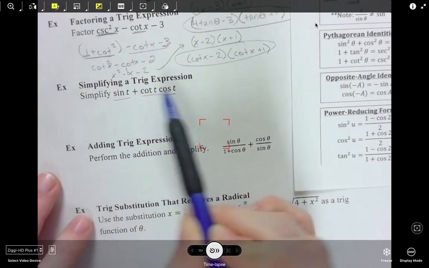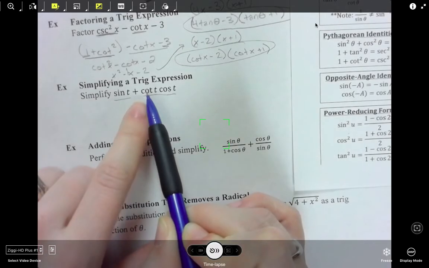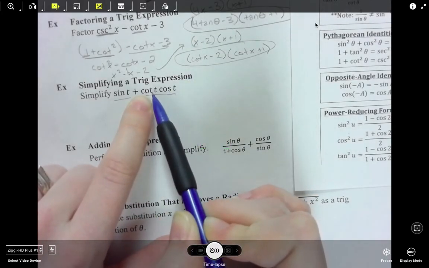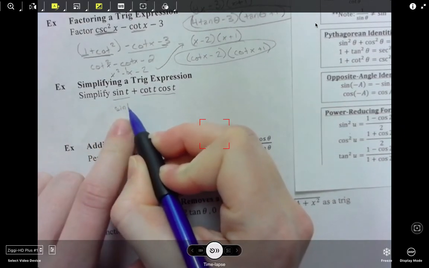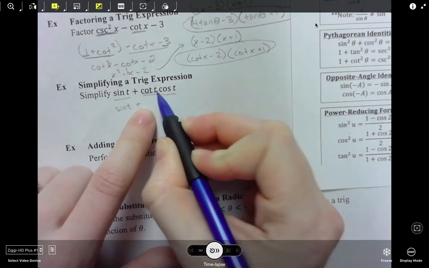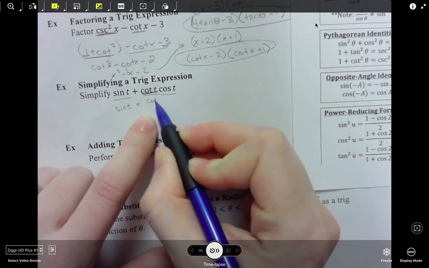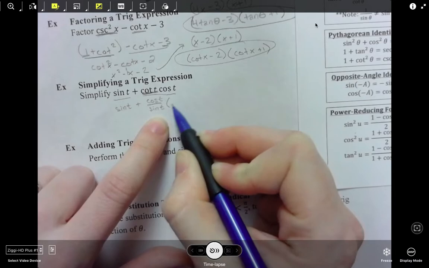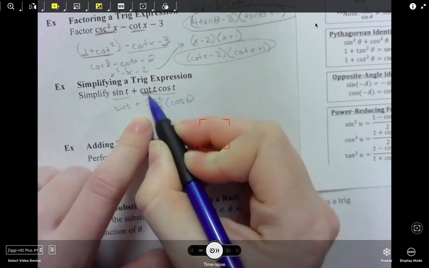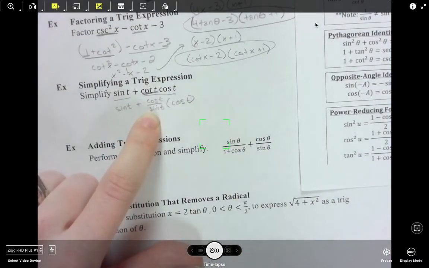So this is sine, this is a cosine, but this cotangent I can rewrite. Cotangent is cosine over sine, so this would be sine of t plus cotangent, written as cosine of t over sine of t, and then I have times cosine t. So I'm just going to take it and rewrite it as cosine t times sine t over sine t.